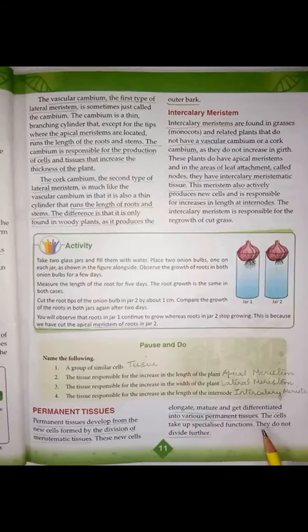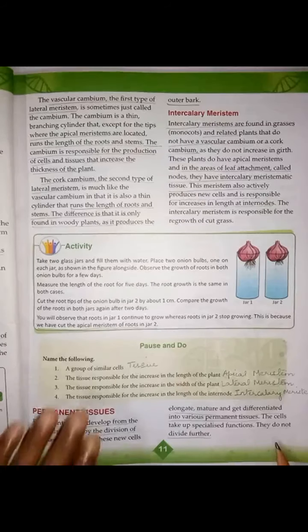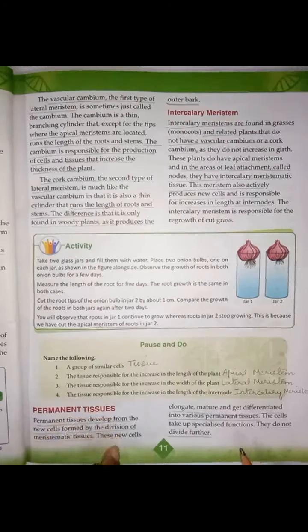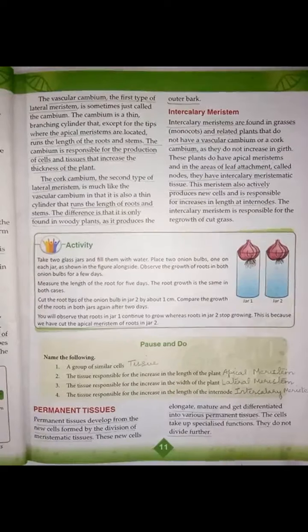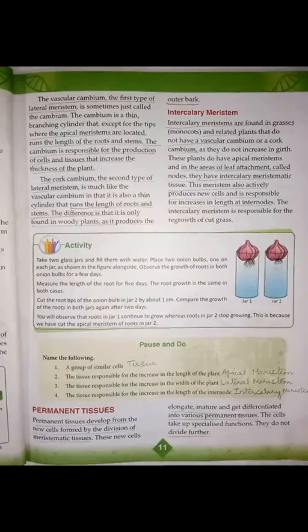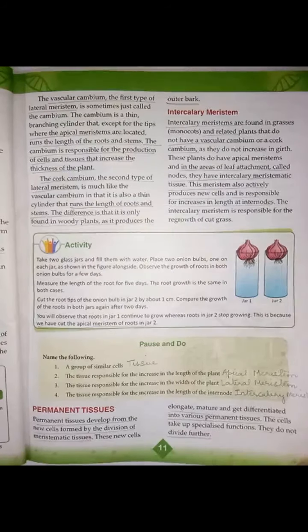These various permanent tissues, children, have been differentiated according to the functions they perform, and they do not further divide. That is what we learn, children: meristematic tissues divide, and permanent tissues do not divide. So permanent tissues, after attaining maturity, stop dividing.